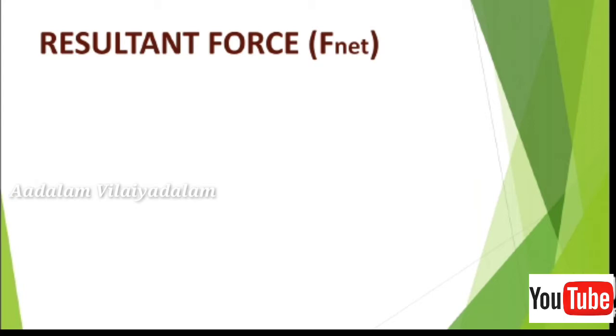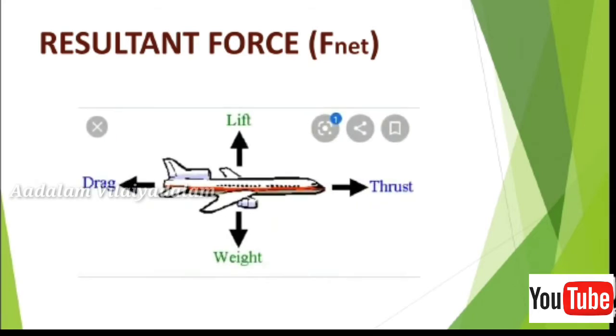Next we discuss resultant force, F net. If several forces act simultaneously on the same body, then the combined effect of multiple forces that can be represented in a single force is known as resultant force.